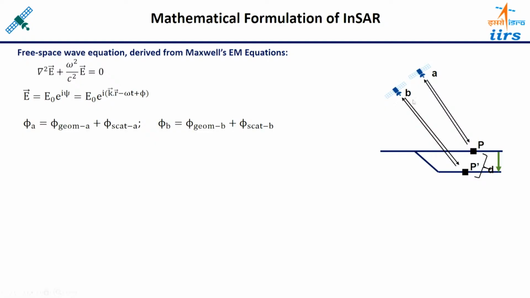In this particular situation, many triangles can be generated. There is the triangle from B to P, P to P prime, then P prime to B. Another triangle is A to B, B to P, P to A. Another is A to B, B to P prime, P prime to A. So many triangles are possible here.